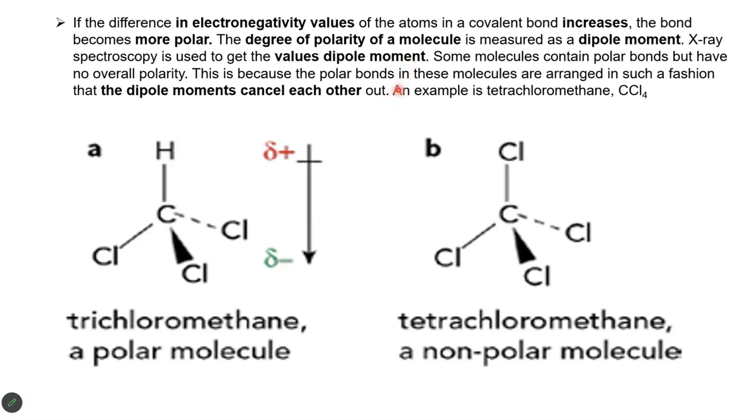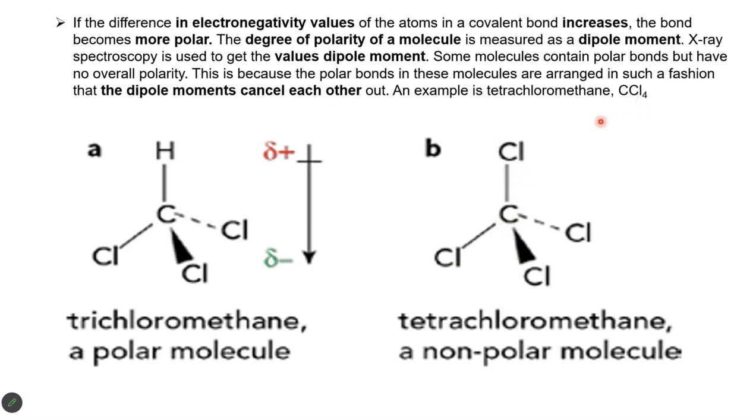And we can see that in a molecule also, though there are polar covalent bonds, in some cases the dipole moments of the polar covalent bonds cancel each other. For example, here, tetrachloromethane. We have polar covalent bonds, this one, this one, this one, this one. But then the overall dipole moment of this molecule is 0.